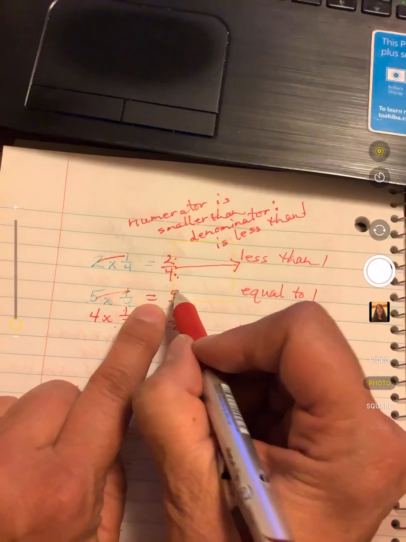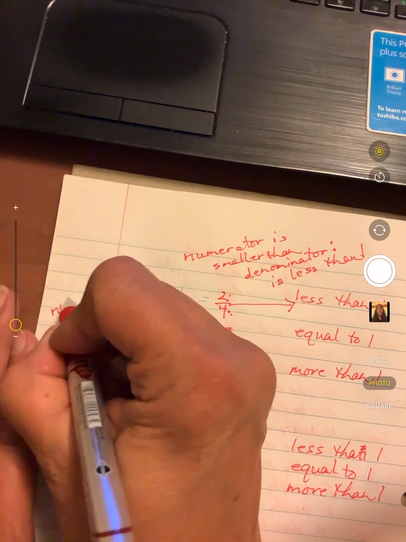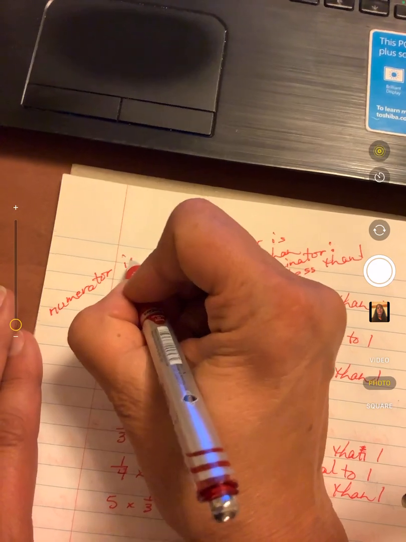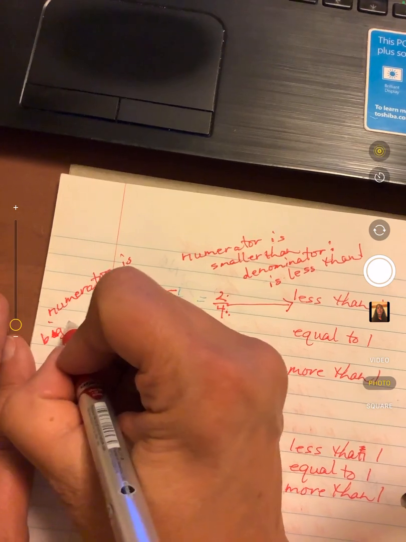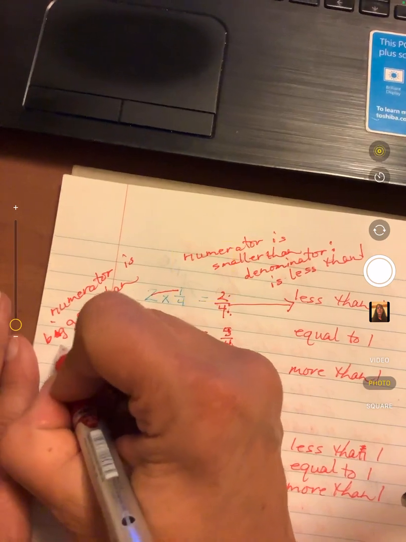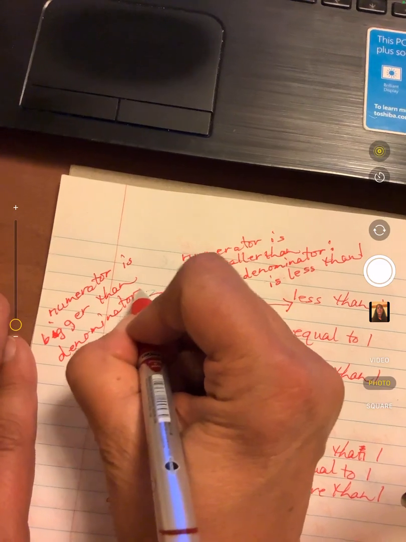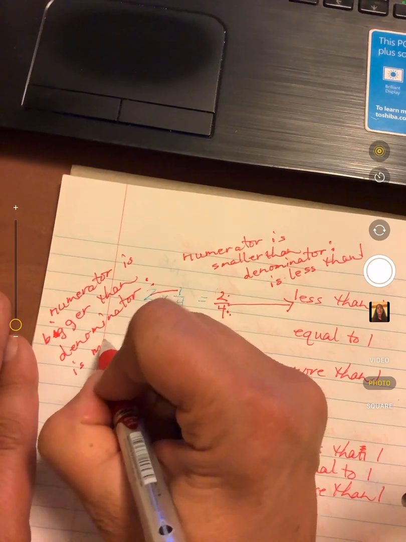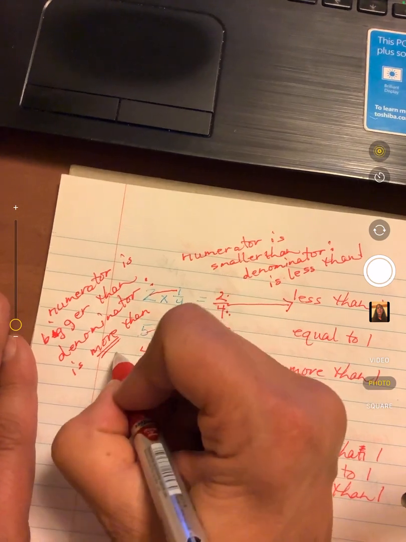5/4, my numerator is bigger. So if your numerator is bigger than your denominator, it is more than 1.